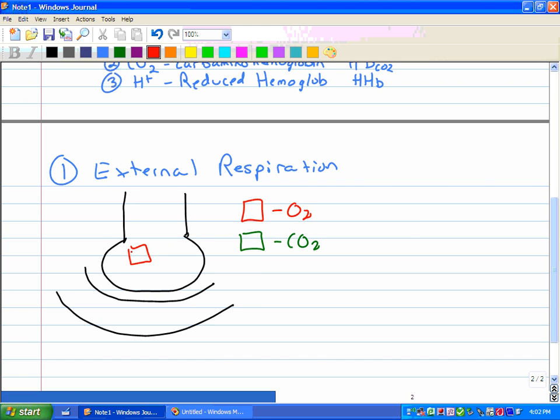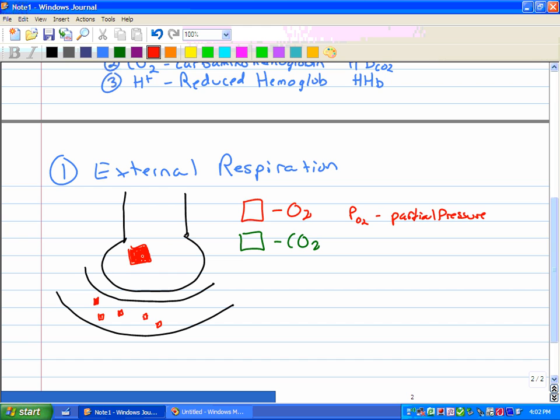When we're breathing in, we have a lot of oxygen coming in, and there won't be as much oxygen in our blood because it's already been brought to our cells in order to use it. So we have something that's called PO2, and that's the partial pressure. It's the amount of pressure that gas exerts.